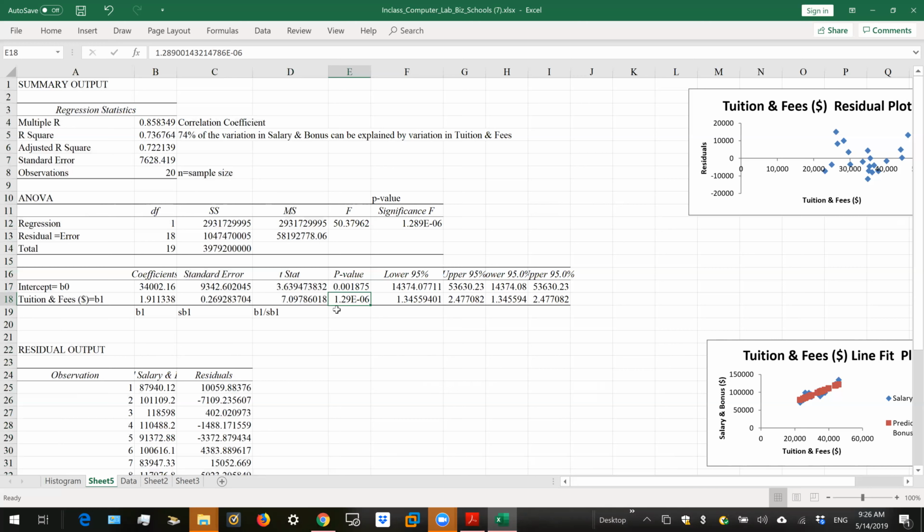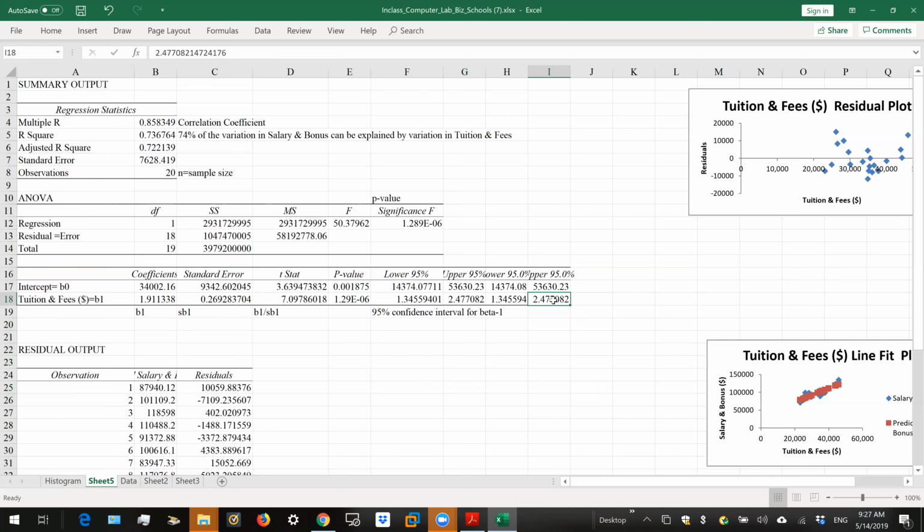And this is for the hypothesis test that says beta 1 is equal to 0. And in this case, as we've noted, in simple linear regression, when there's only one variable, the p-value from the t-test is the same as the p-value from the f-test. So we're going to reject the null hypothesis with the t-statistic the same way we rejected the null hypothesis with the f-statistic up here. The lower 95 and upper 95 numbers, this is the confidence interval, a 95% confidence interval for beta 1. And I don't know why it's repeated twice on here, but it is.